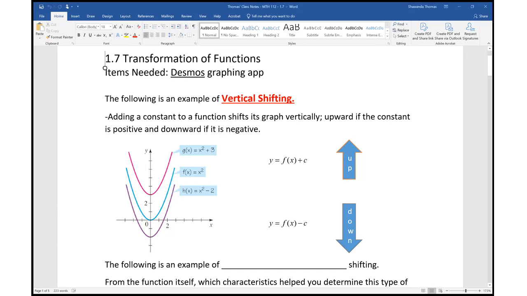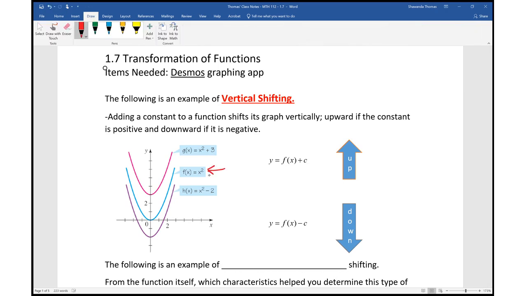Transformation of functions. The following example is an example of vertical shifting. If you add a constant to a function, it shifts that graph vertically. Notice here we have our parent function f of x equals x squared.